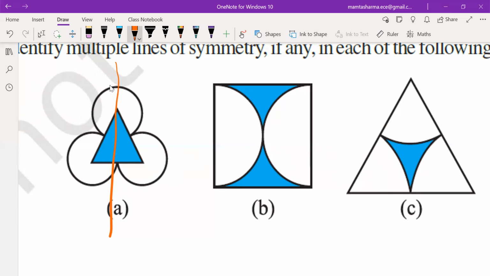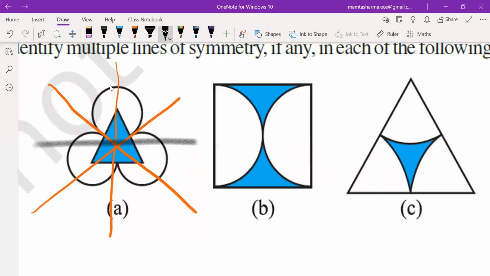Cross. One more cross. And another cross. Yes. If I draw the horizontal line, this will not divide into the same parts, so it will not be present. So how many lines of symmetry can be drawn for this figure?